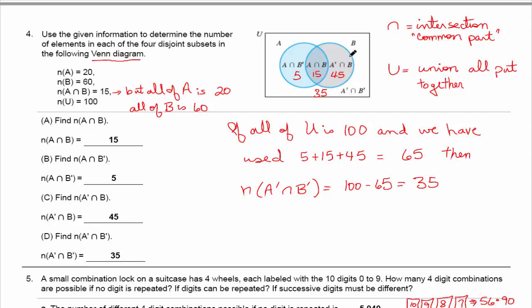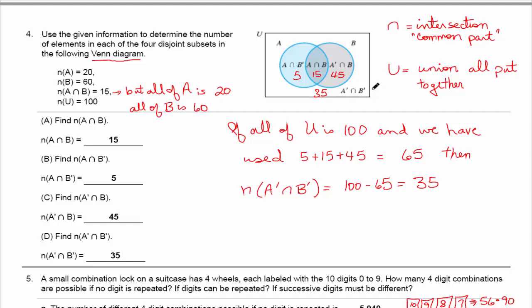B complement is everything outside of B. Similarly, this little piece is everything outside of A, so A complement intersect B, and U is everything all together. And if you label the piece that's outside of A and B, so all of this stuff out here, that's the intersection of each of A and B's complements.